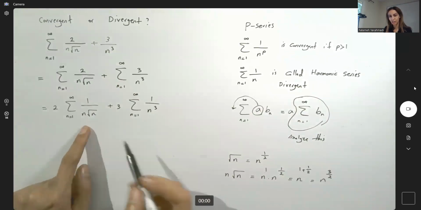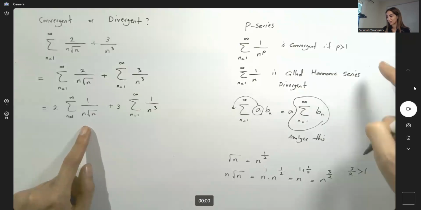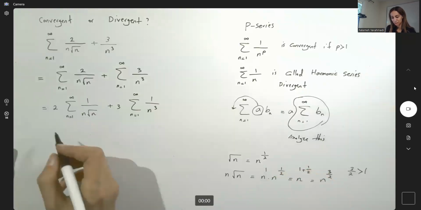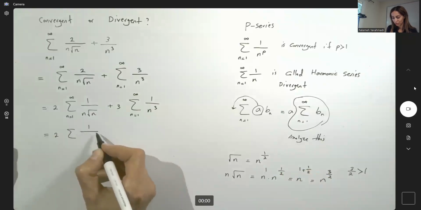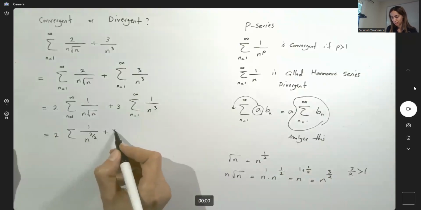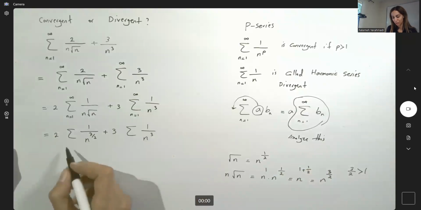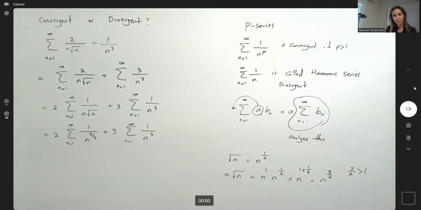So this is nothing but n to the power of 3 halves, and 3 divided by 2 is more than 1. So looking at the definition of p series, you have a convergent p series. This is 2 times the summation of 1 divided by n to the power of 3 halves. This one is obvious, p is 3. 3 times the summation of 1 divided by n to the power of 3, n starts from 1, goes to infinity.